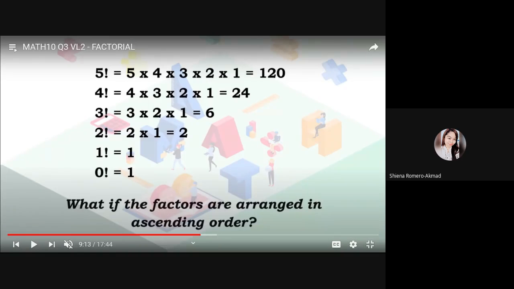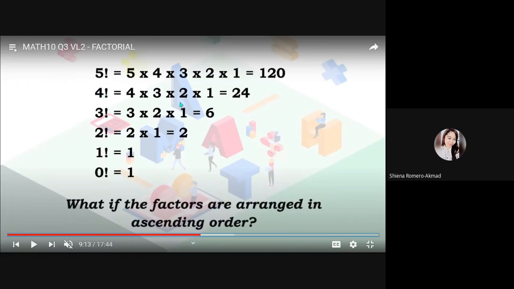Is it factorial? Factorial pa rin ba yun? Yes or no?